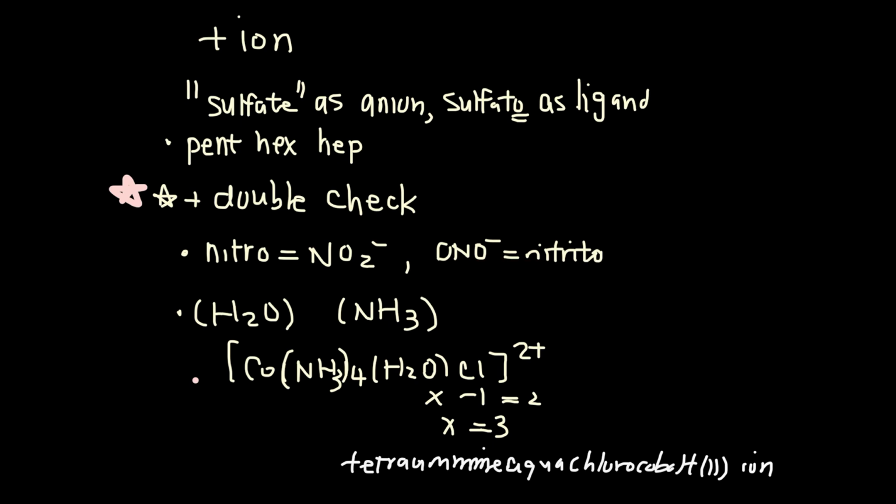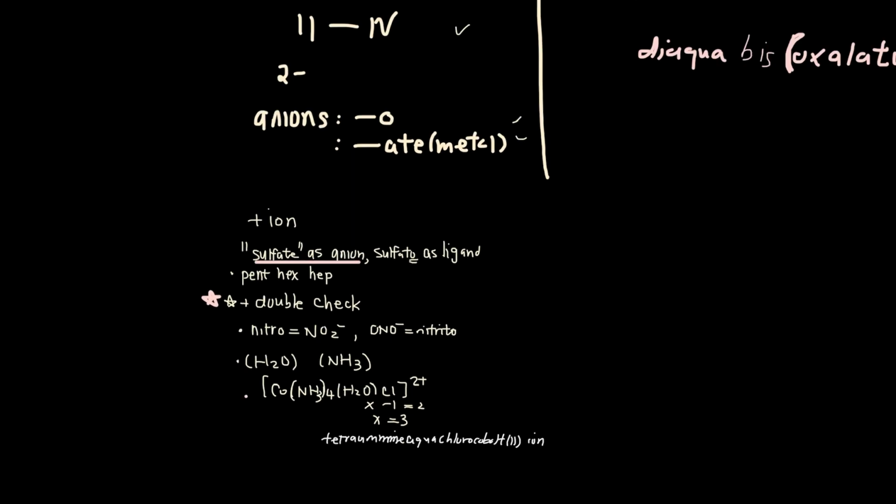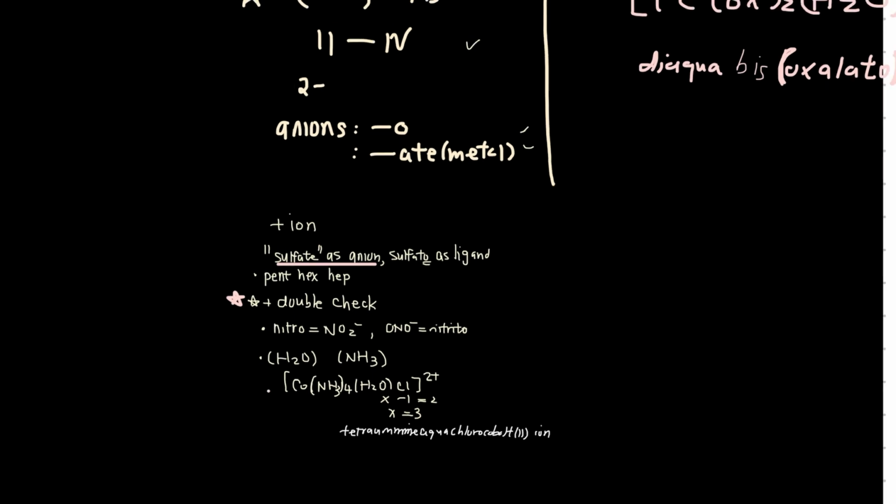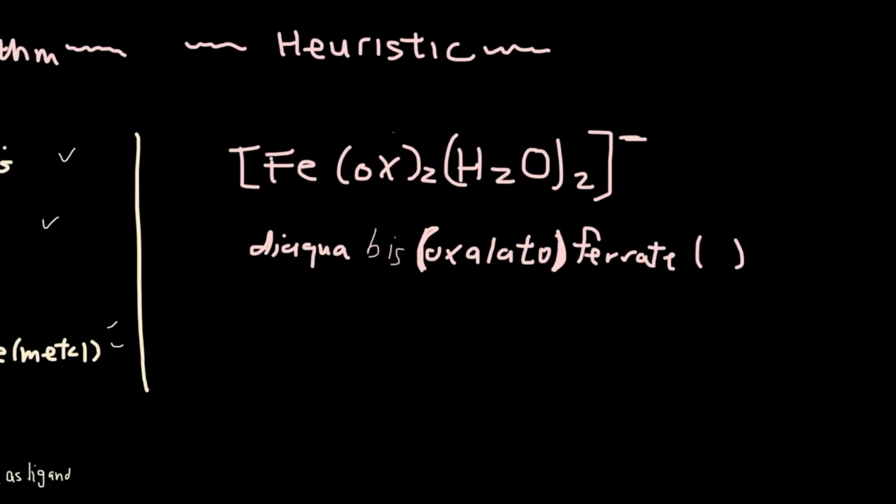And let's say there's sulfate just outside of a coordination ion, you would just write it as sulfate, not sulfide. And when it's inside the coordination ion, it becomes sulfato. Cool. And finally, if there's a charge on the entire coordination ion, make sure to write ion at the end of it. Okay, now we do a sample problem.